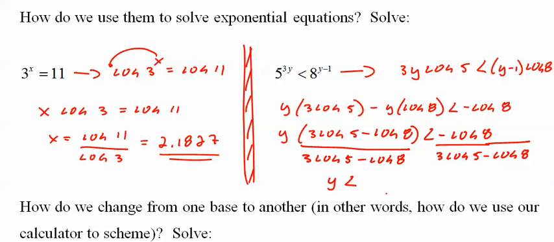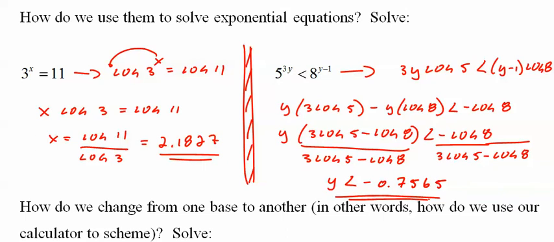I get y has to be less than negative 0.7565. Notice all the decimals and what a hassle it is to keep that straight.